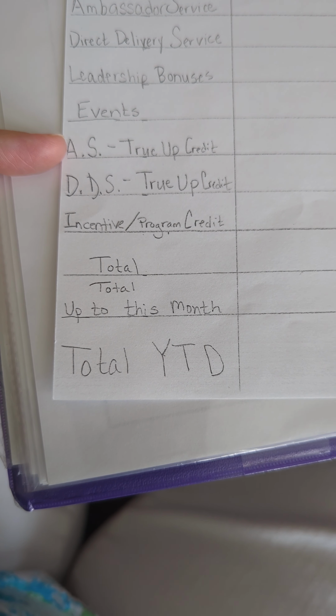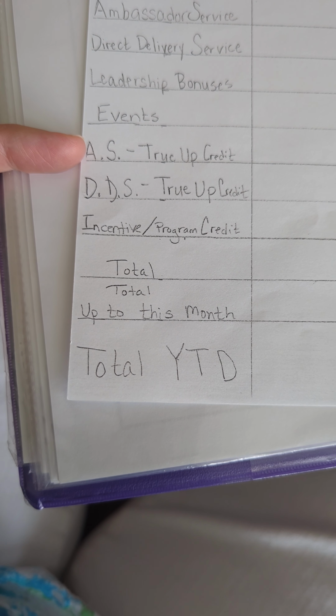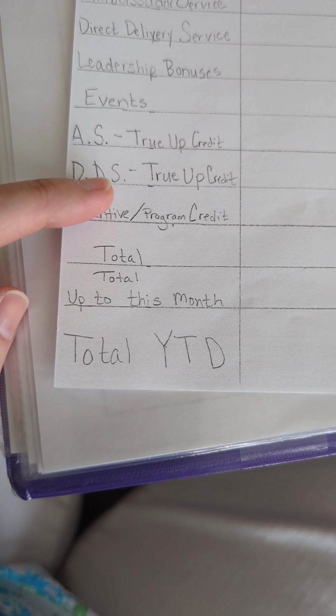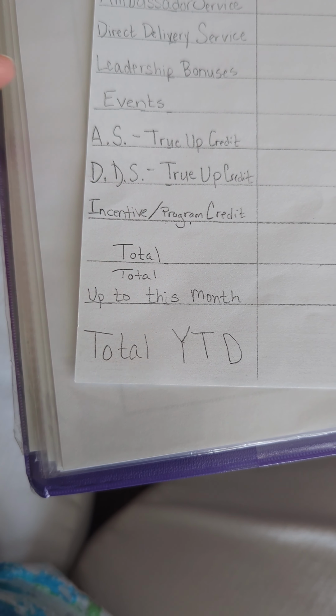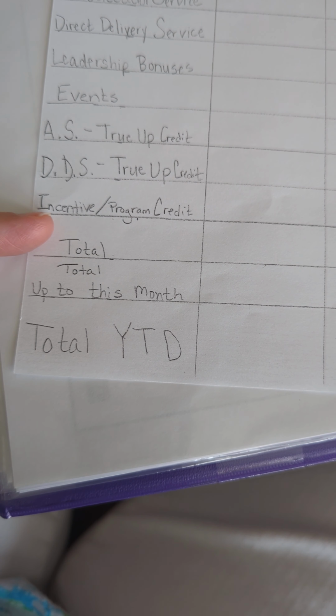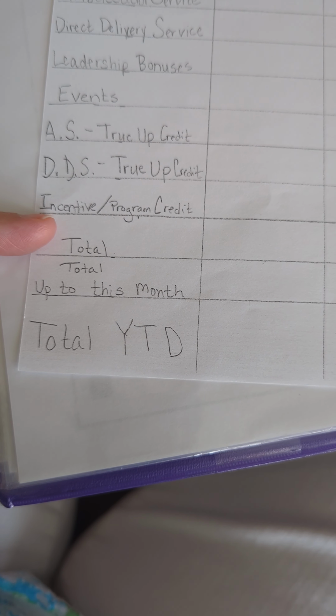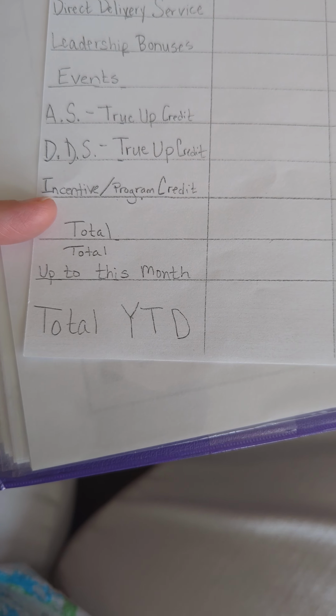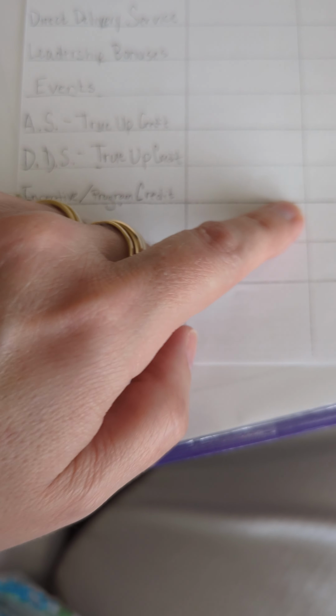So they will bounce all those previous sales up to your new commission bracket. And this is the same exact thing, except it goes for direct delivery service, DD. And if there are any incentive programs, I like to put this down here because sometimes they throw in something and might put it on your 1099 and you're like, what the heck is that? Well, that's where it can go here.